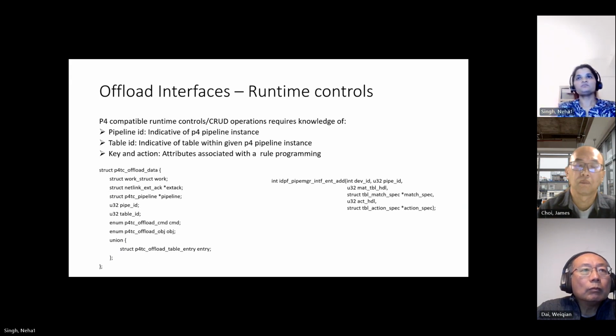Here I want to emphasize the pipeline ID, which is indicative of a given P4 pipeline instance, because there can be many instances. IPU supports having multiple pipeline instances. And then there's a table ID, which is a pointer to identify a specific table in a given pipeline. And there are key and action attributes.